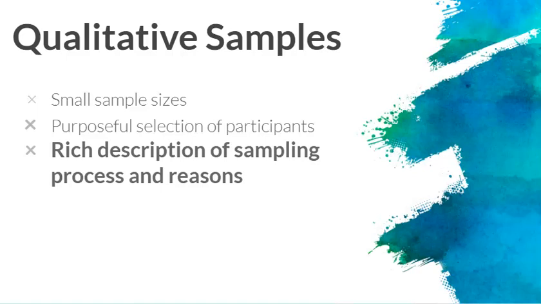If it works for this group of people, then it probably would work for this other group because they're so similar. So that's why it's important for the researcher to give a rich description of their sample. They don't need to randomly select. They don't need to have a large sample size, but they do need to be very specific with who's in their study and why they chose them.